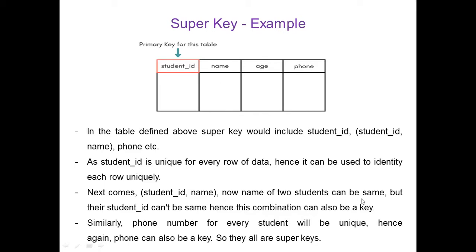As the names of two students can be the same, but their student IDs cannot be the same, hence those can be identified using the student ID and name combination. Then phone number. The phone number for every student will be unique. Hence, phone can also be a key. So these all, that is student ID, name and phone, can be the super keys.